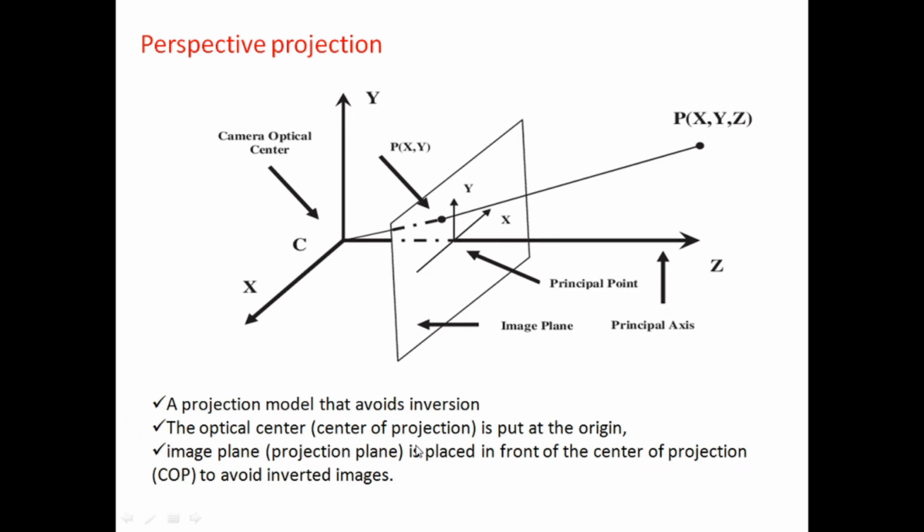So in my earlier cases of the thin lens equation or pinhole camera model, the image plane was present behind the lens of the camera, but here the image plane is present in front of the lens of the camera in order to avoid the inverted concept. Now, this capital P is some scene coordinate and this small p with x and y as its coordinates gives me the information of a pixel coordinate in the image plane, right?